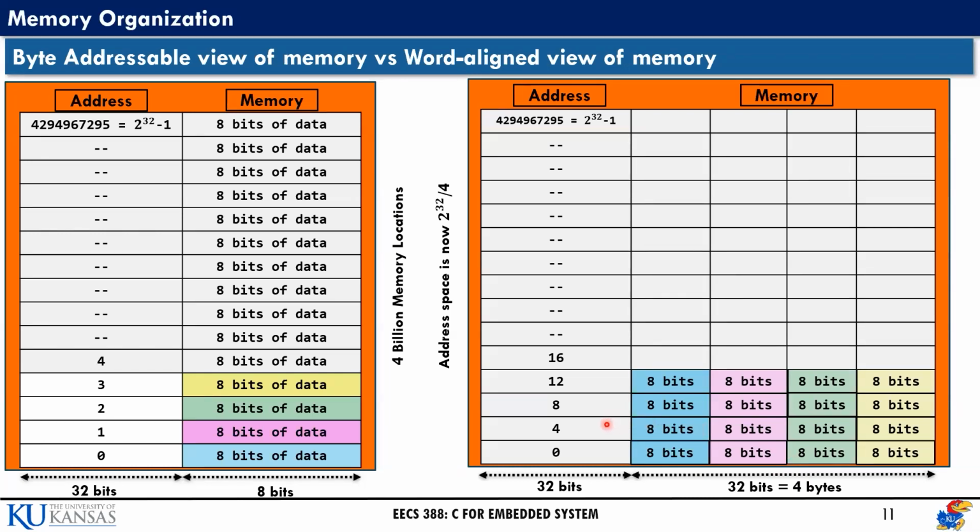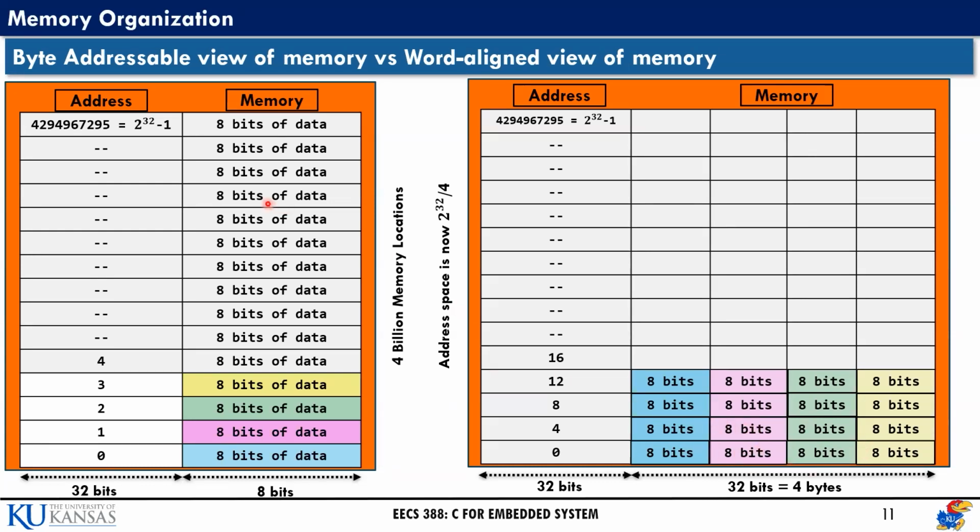And the next address is basically the addition of 4, because we are skipping 1, 2, and 3, and we are directly jumping to 4 and loading these 32 bits all at once into the register.